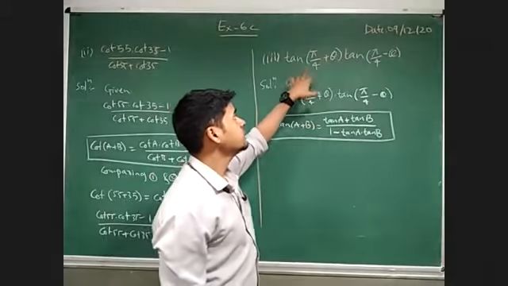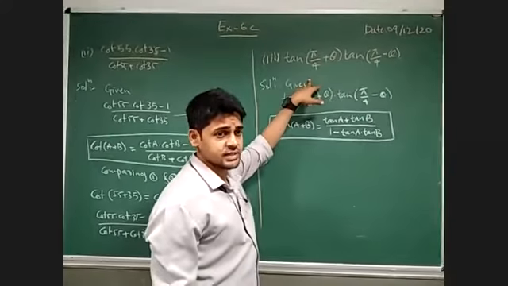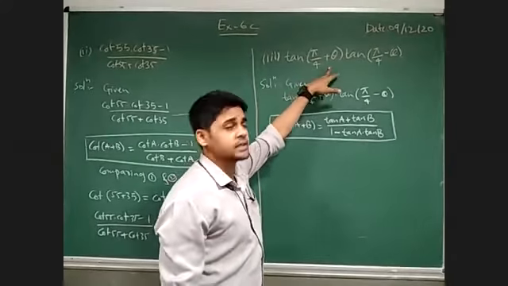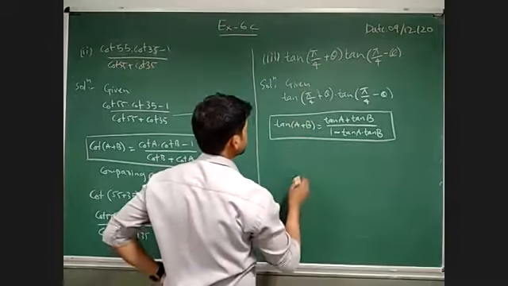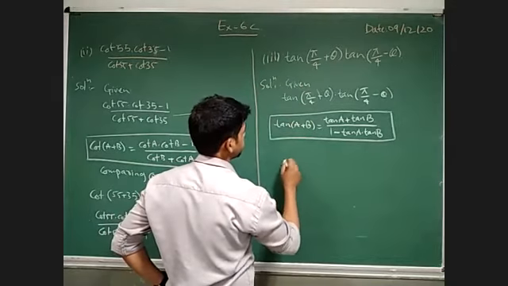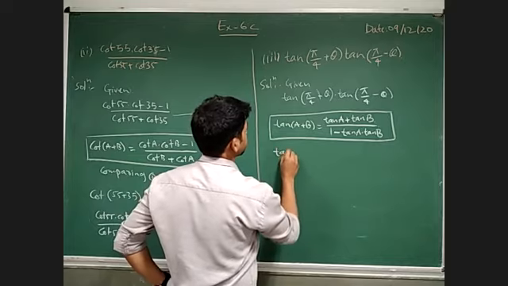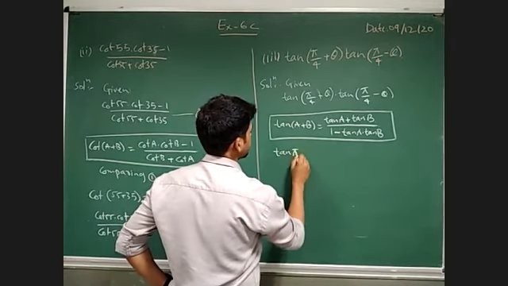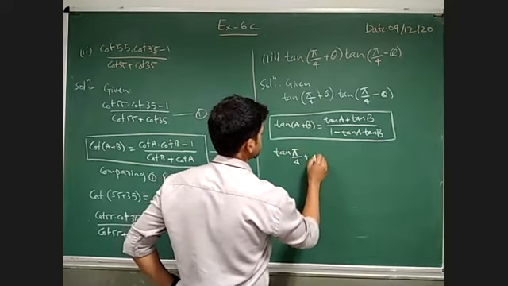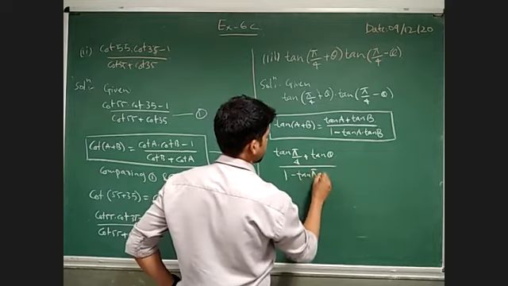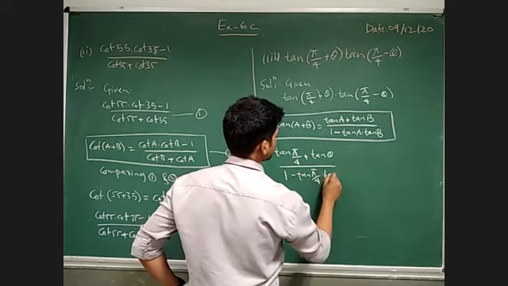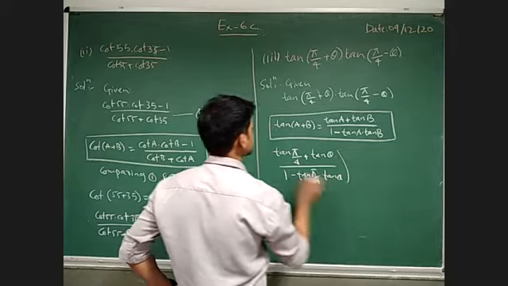See here, I can consider pi by 4 as a and theta as b. So I'm going to use the formula tan (a plus b) here. This will be (tan pi by 4 plus tan theta) upon (1 minus tan pi by 4 into tan theta). This is the first bracket.